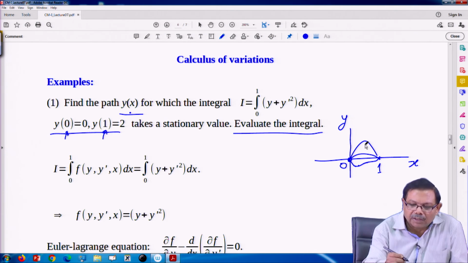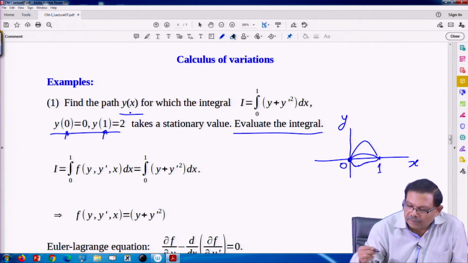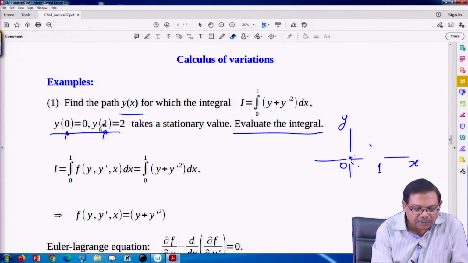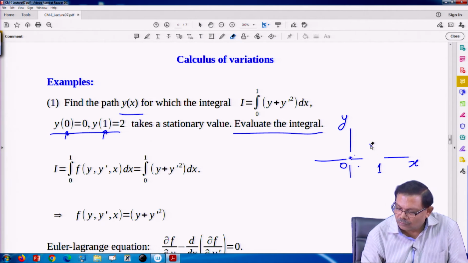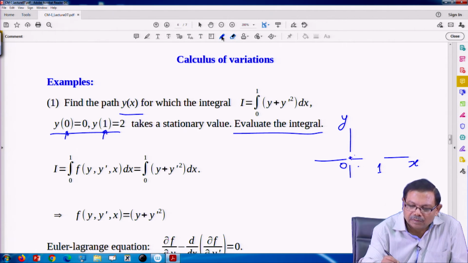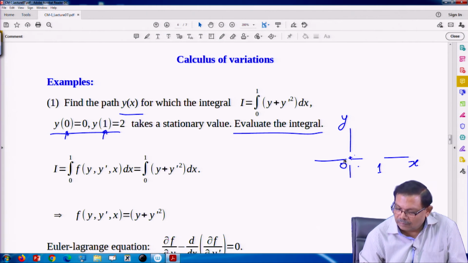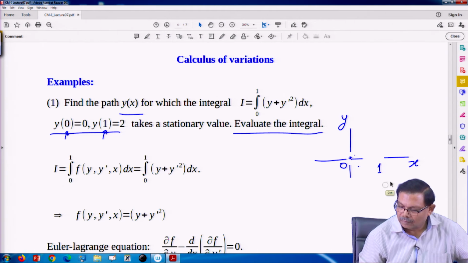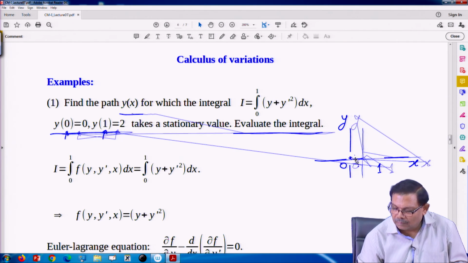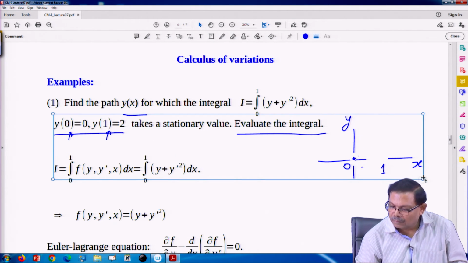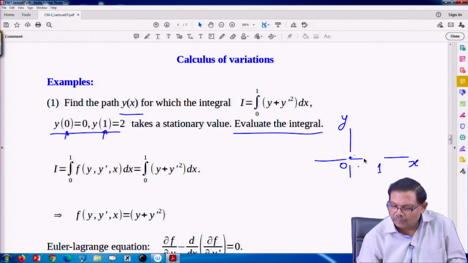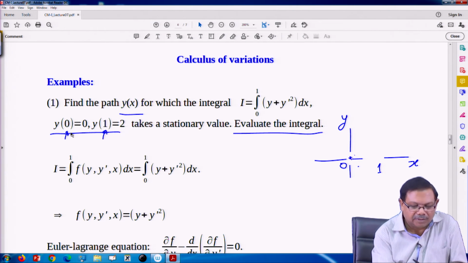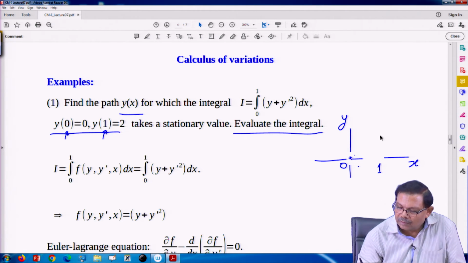Okay. Let me redo the plot a little. At x equal to 1, the value is given as y equal to 2. Okay. So, at x equal to 0, y is 0, that is what is given in the problem, and at x equal to 1, y is 2.